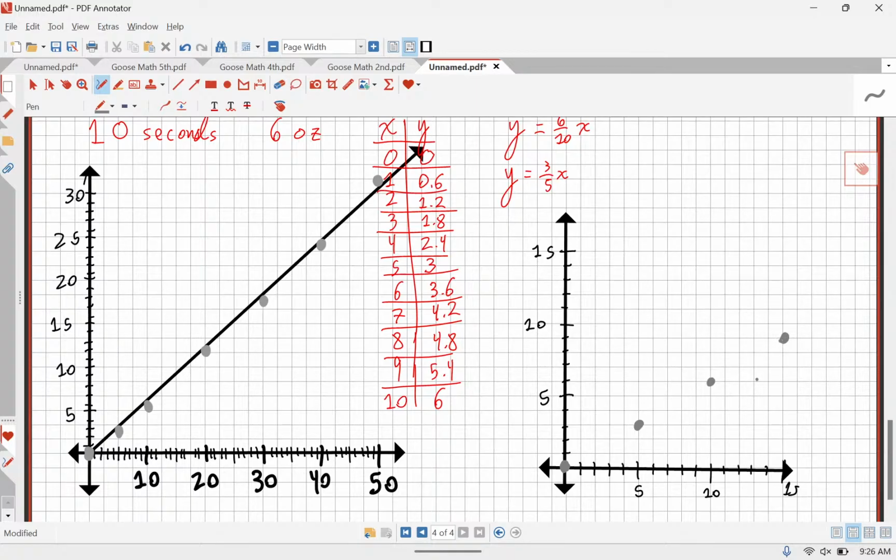And if you're very observant, and I hope that you are, you might notice that I could have put those points down without needing the table at all. I could have put those points down with this equation, because this equation was trying to tell me to do that. But that's in the future.